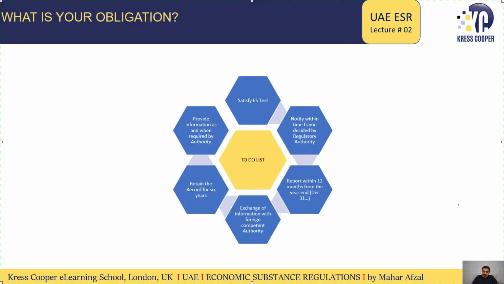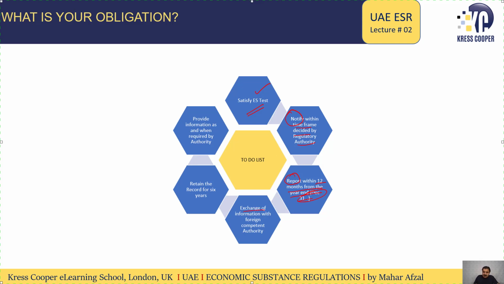Licensee to-do list. Licensee required to satisfy the economic substance test. Licensee notifies within a time frame decided by the regulatory authority. Licensee reporting within 12 months from the relevant financial year. This is not 31st December, it will basically be the relevant financial year.